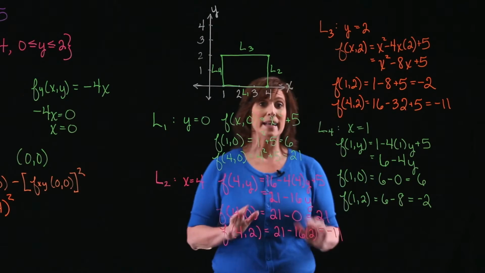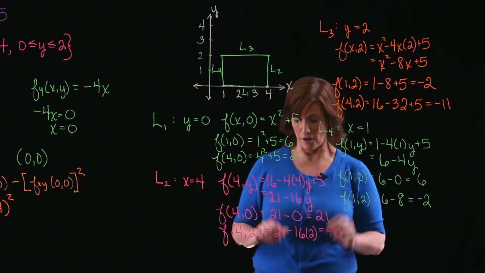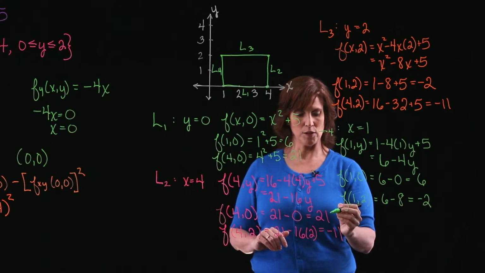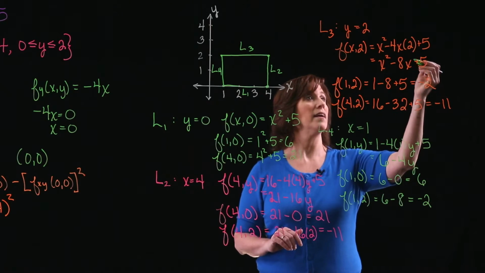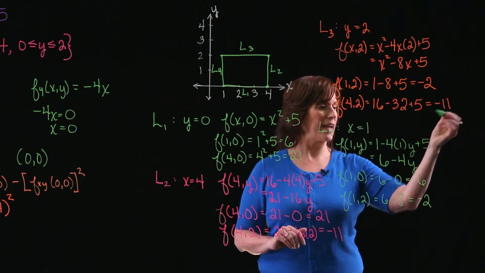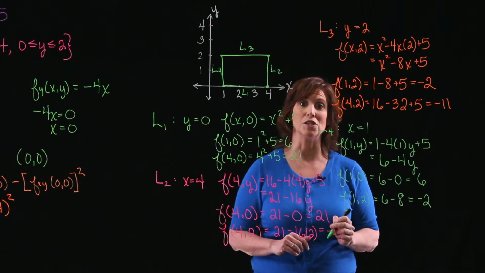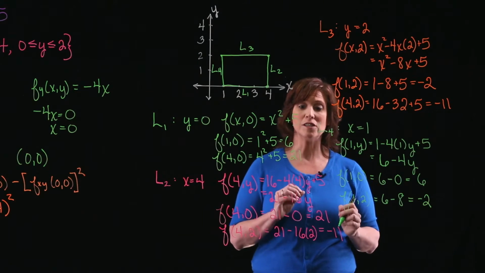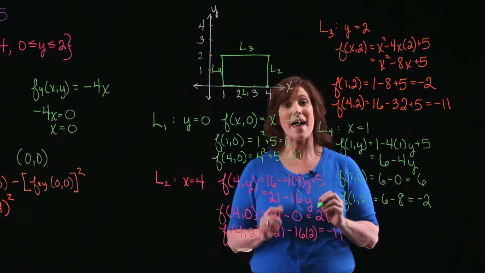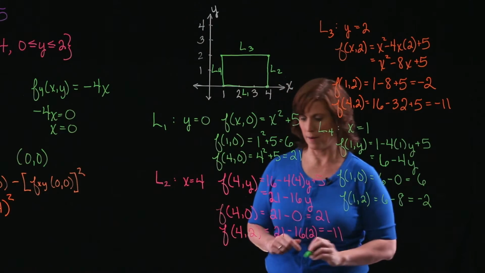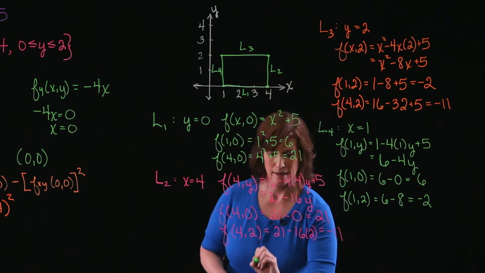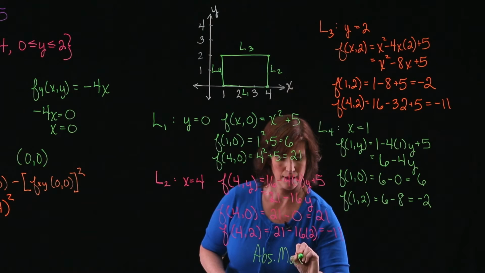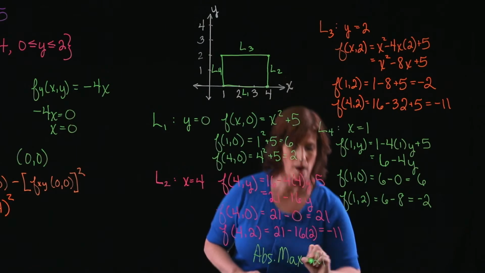All right, now what I need to do is look at all of my results. I have a 6, 21, 21, negative 11, negative 2, negative 11, 6, and negative 2. I need to pick out the largest value. The largest value is 21. So my absolute maximum is 21.